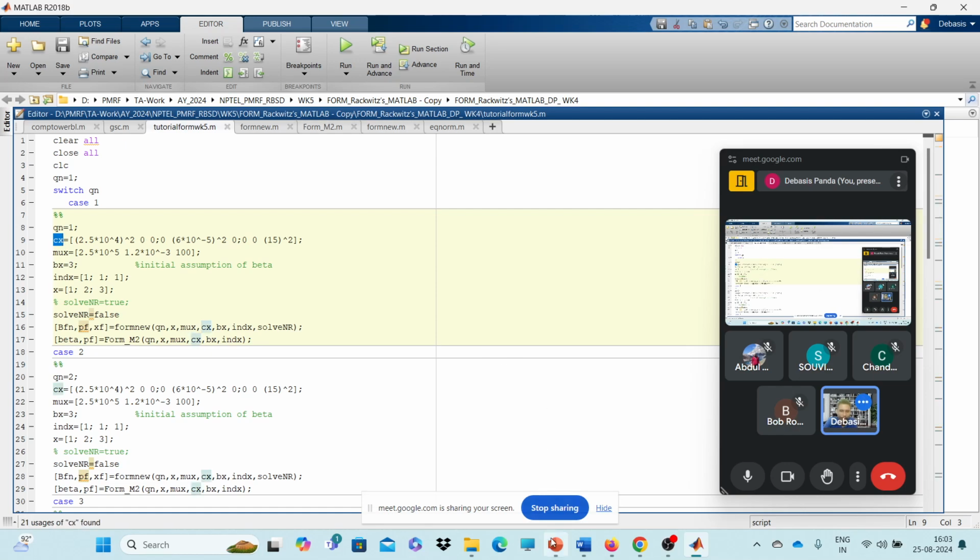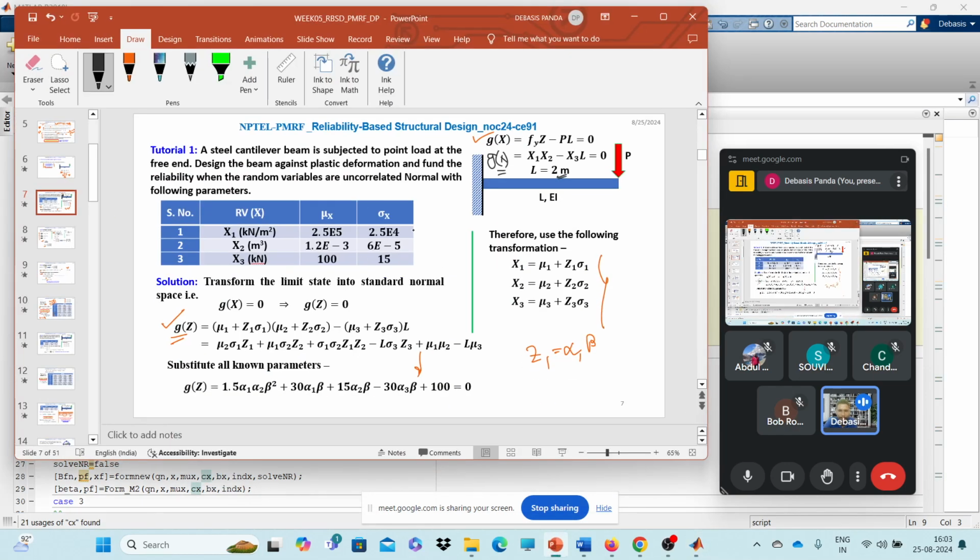What was the cx matrix for this case? Is there any correlation? No. So what will be the cx for this? Nothing but your sigma x1 square, sigma x2 square, sigma x3 square. Yes or no?